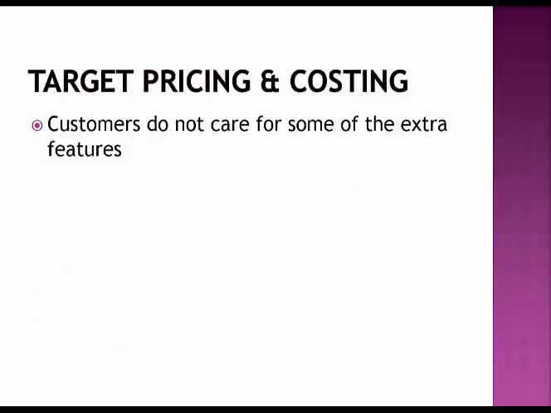Alright, so in regards to our particular example, the Pro Value product, in discussions with our customers and our marketing and salespeople, we have determined that our customers do not really care for some of the extra features that we have made available in the $1,000 per unit component of Pro Value, and they are willing to accept less features and attributes in order to be able to buy it for a lower price.